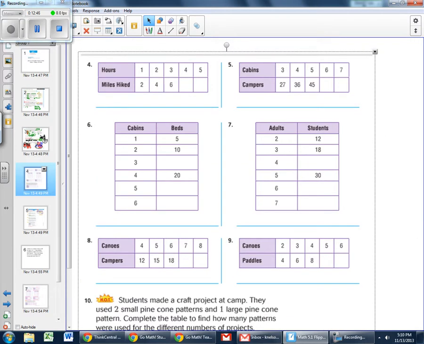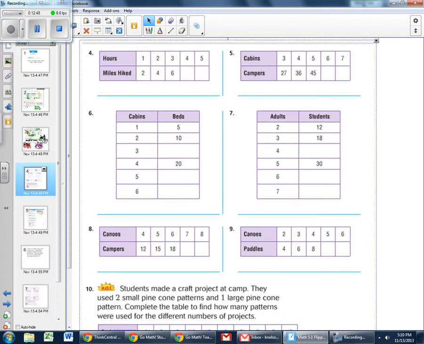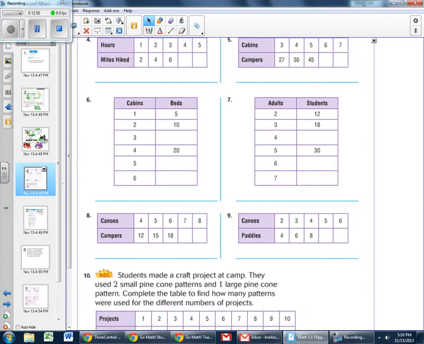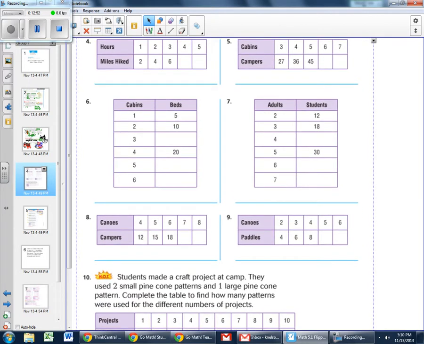I am ready to move on to page 183. And we're going to look at part of 183, and then you are ready to go, because it does say at the top of page 183 on your own. It wants you to describe a pattern for the table, then complete the table. So you need to do that for all of these that are on here.